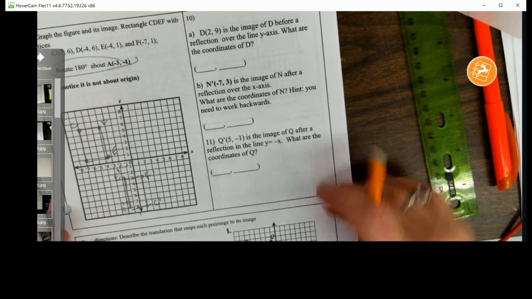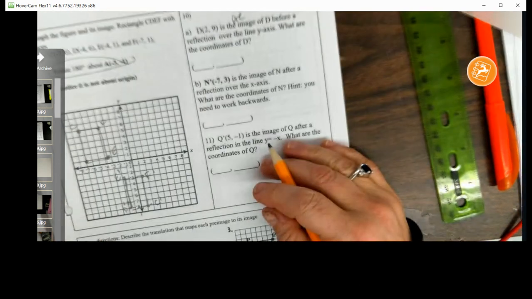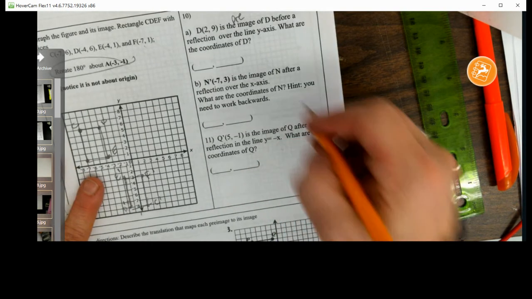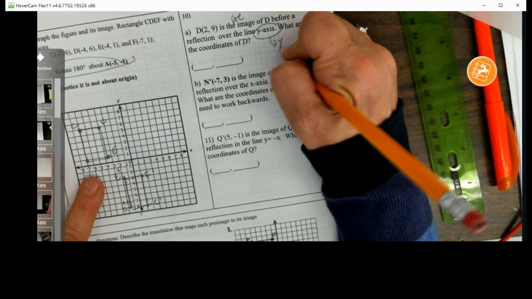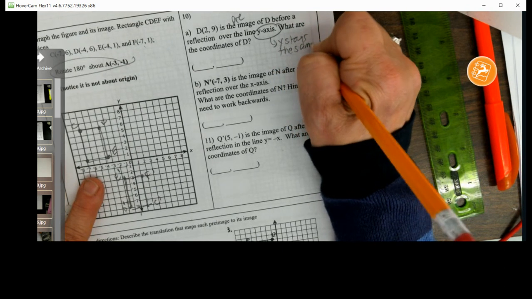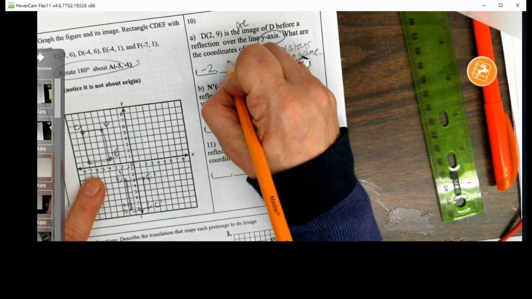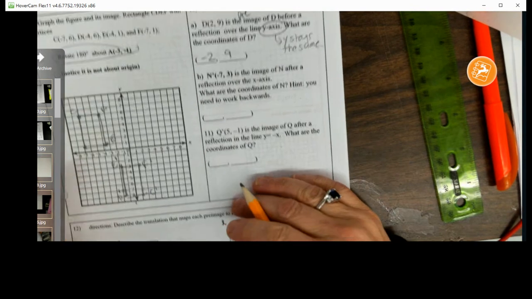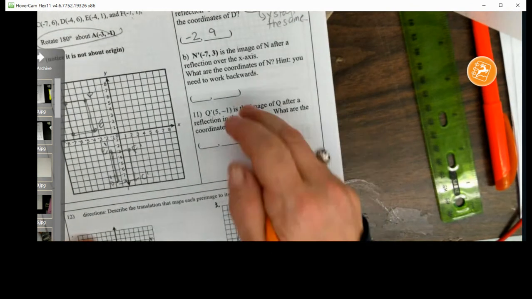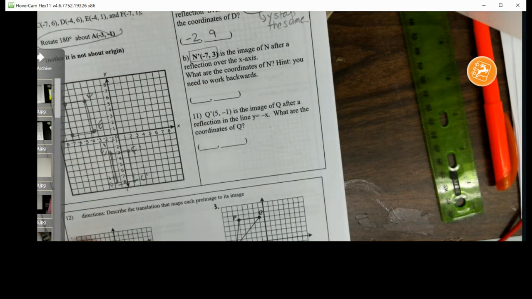And this is number 10, the pre-image of D. Okay, we're reflecting over the y-axis. Y stays the same. Okay, I end up with negative 2, 9. Now this is the point we want.